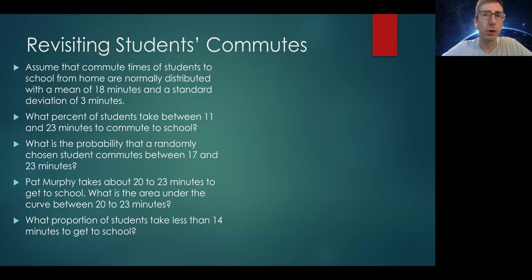So we're revisiting this problem where we assume that commute times of students to school from home are normally distributed with a mean of 18 minutes and a standard deviation of 3 minutes.